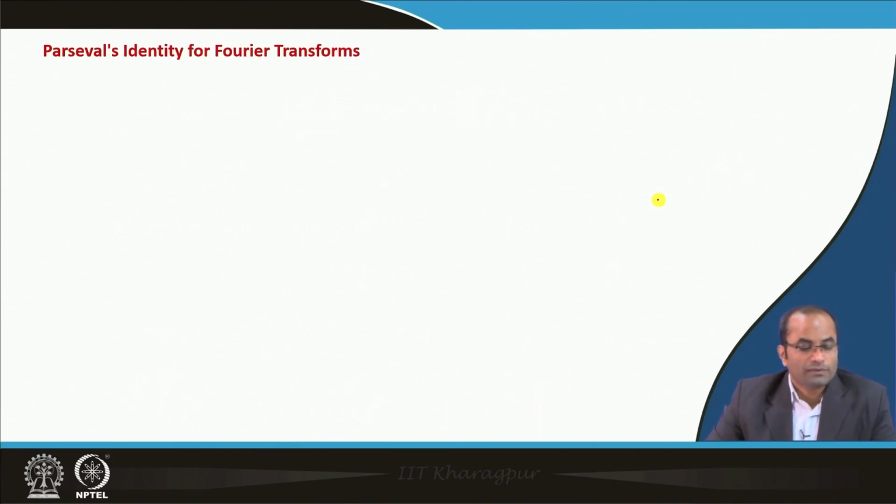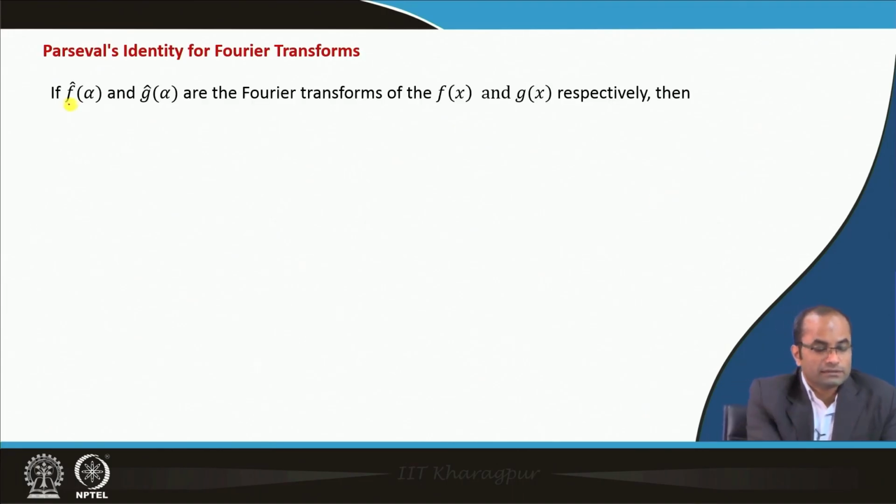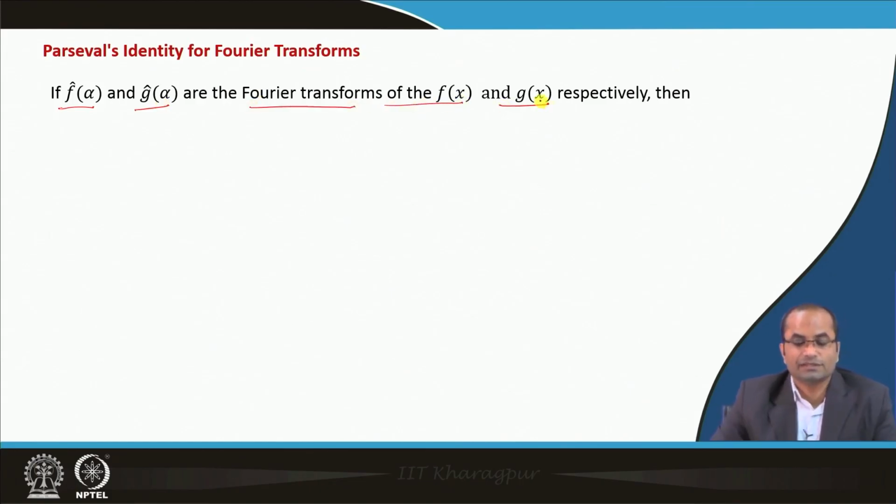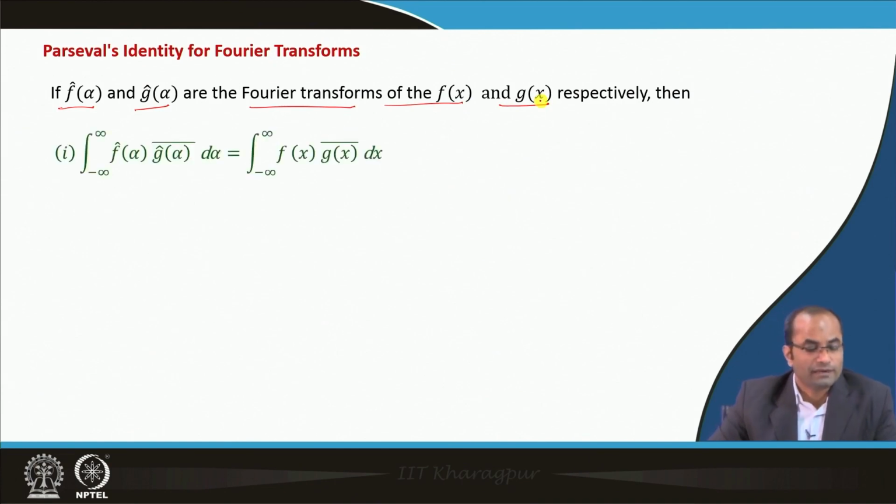Now the Parseval's identity for the Fourier transforms we will discuss. Suppose f hat and g hat are the Fourier transforms of f and g respectively. Then the integral over the product of f hat and the complex conjugate of g hat is equal to the integral from minus infinity to plus infinity of the product of f and the complex conjugate of g, dx.